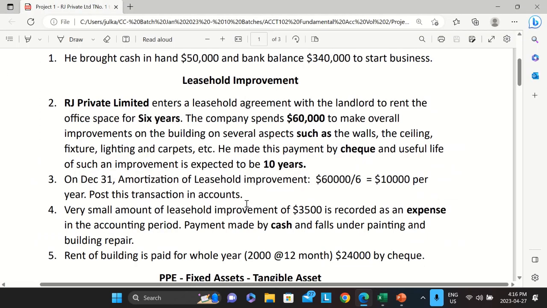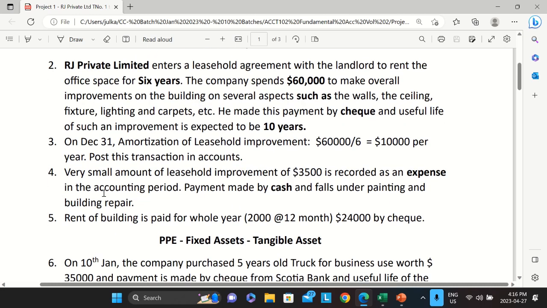Now the fourth transaction we have here: a very small amount of leasehold improvement, 3,500, is recorded as an expense in the accounting period, and payment is made by cash and falls under painting and building repairs. It means if there is no significant expense, not a big expense, a very small amount that we should not add to the leasehold improvement.